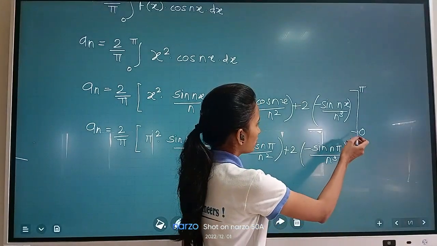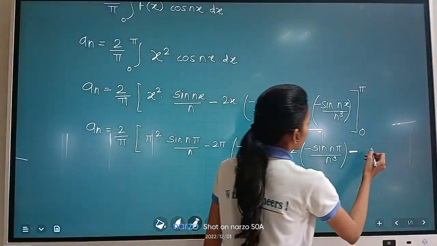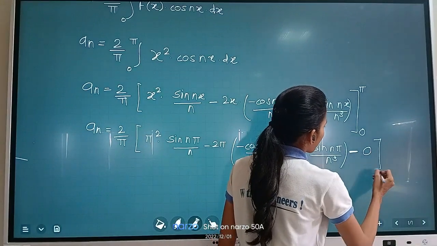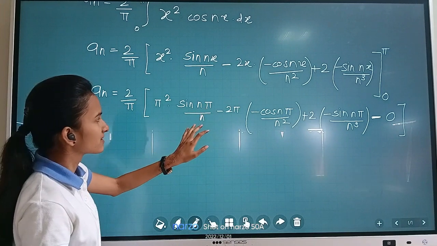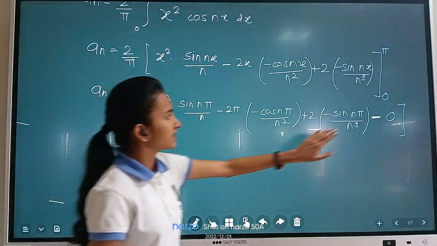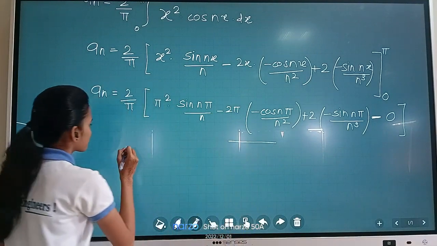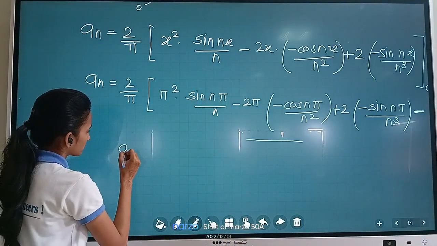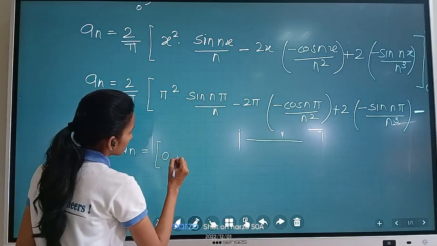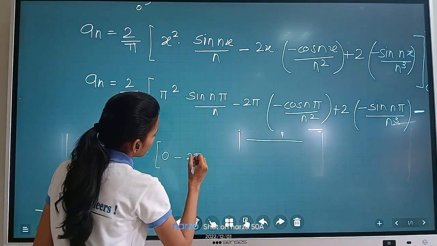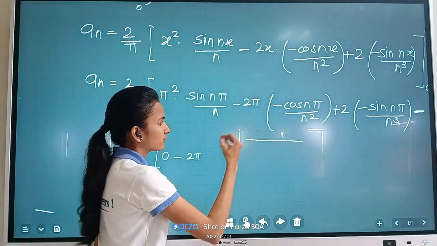If we put 0, then all the values will be 0, so simply write 0 here. As we know, sin of nx will be 0, so this term will be 0, and this term will also be 0. So the term remaining will be this. The value of cos n pi is minus 1 raised to n.